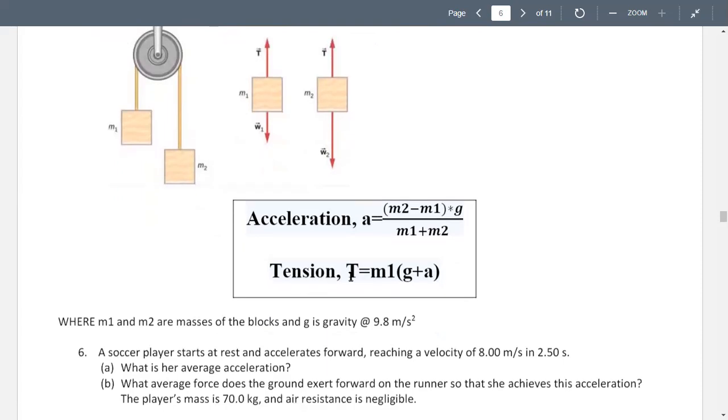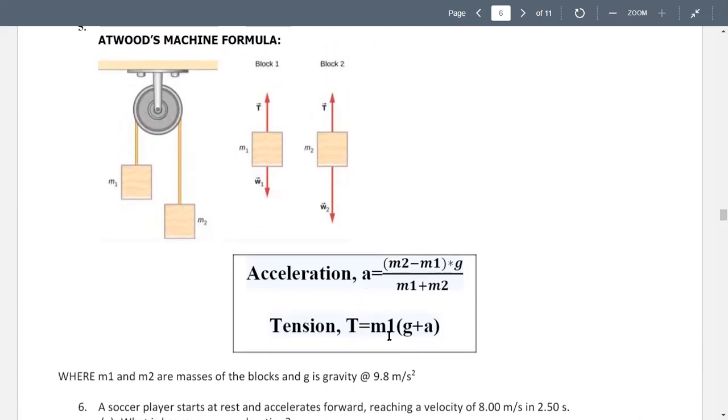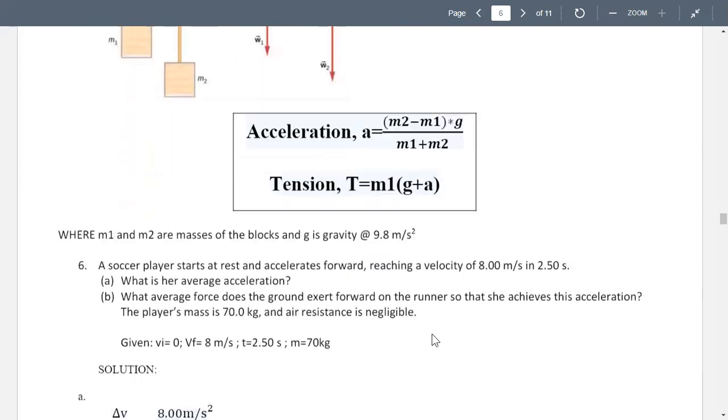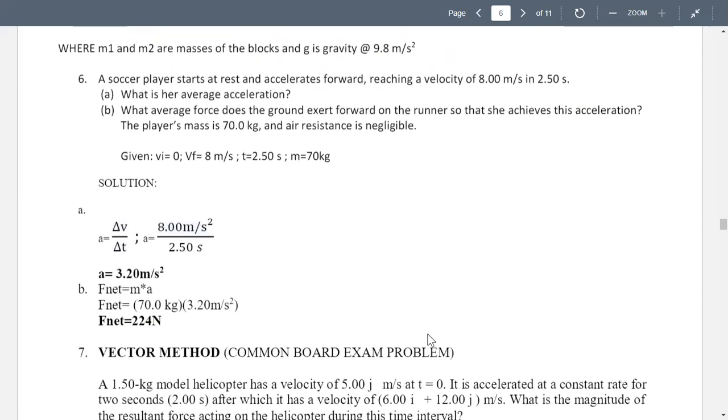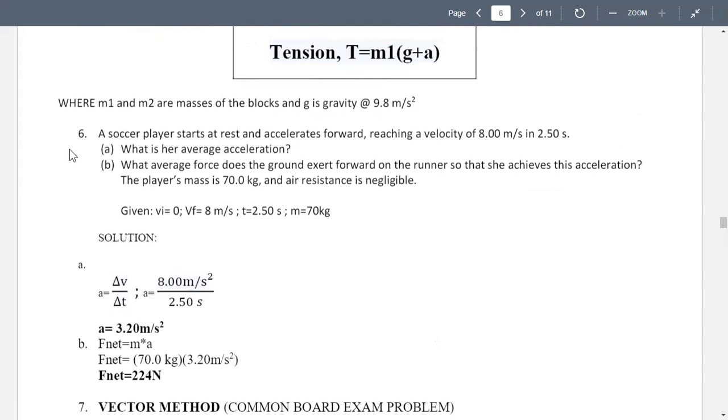And then for the tension, you're going to solve it by multiplying the mass of the first block with gravity plus acceleration. Okay? And then we have this one, a simple problem here.